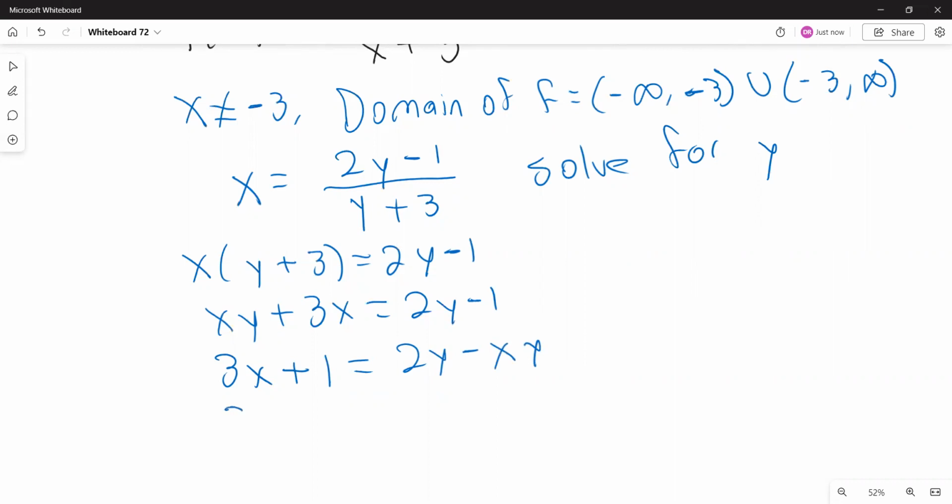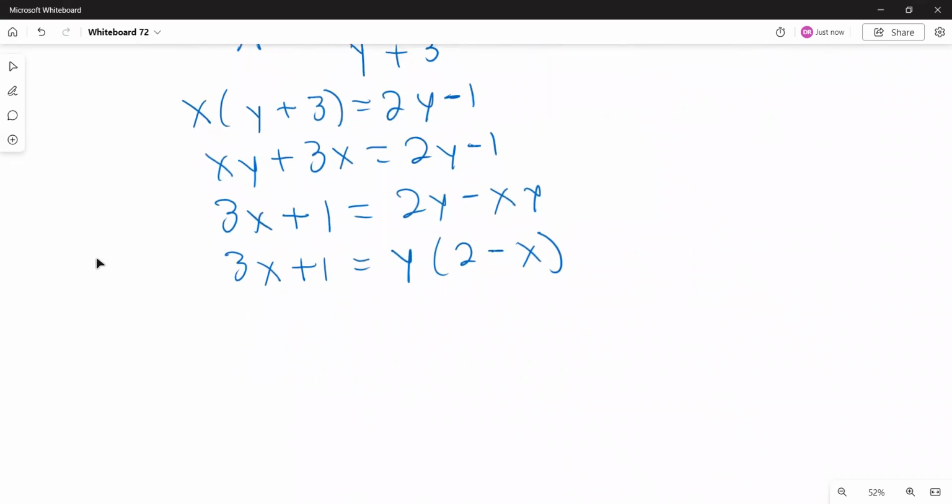Okay, and now we're going to factor y on the right side. So that's 2 minus x, and y is 3x plus 1 over 2 minus x. So that is going to be f inverse.